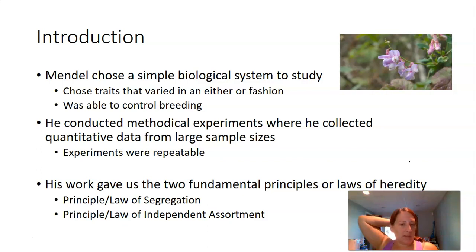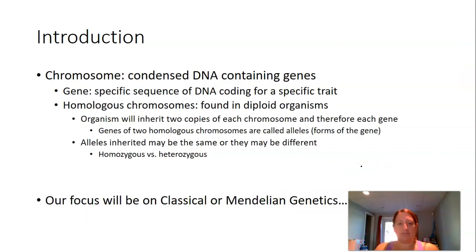Through his work, we ended up with 2 laws of heredity that still hold true today. So what were those laws? The law of segregation, or we could use the term principle as well. And the second one was the law of independent assortment. Both of these lead back to meiosis, so you've got to make sure you understood chapter 11.